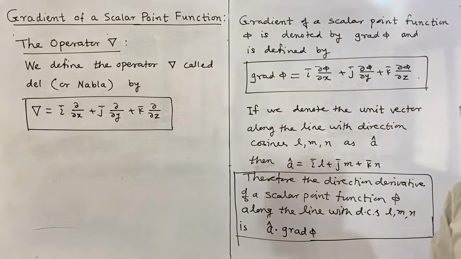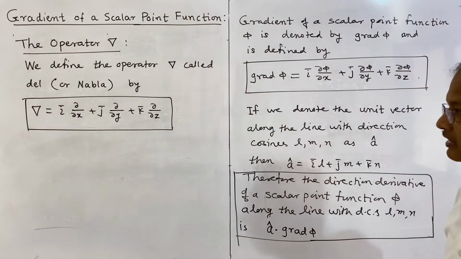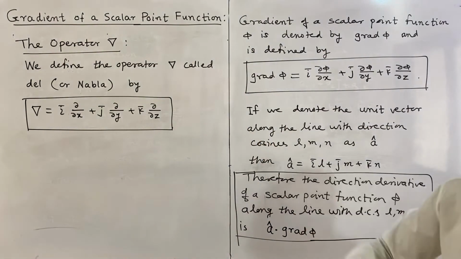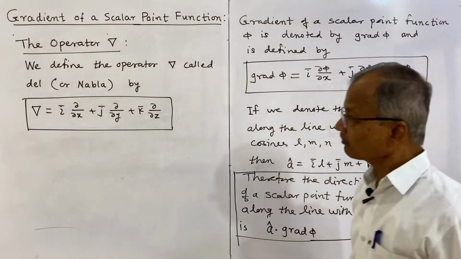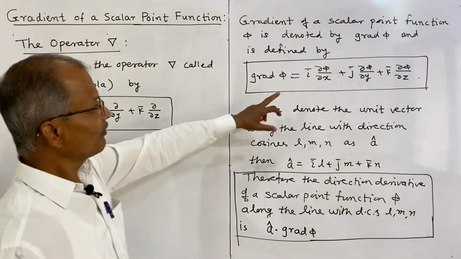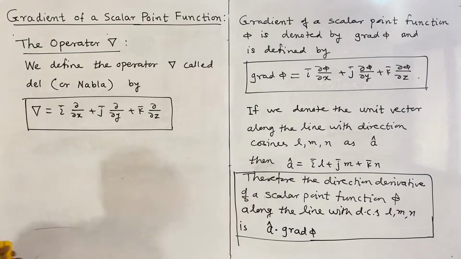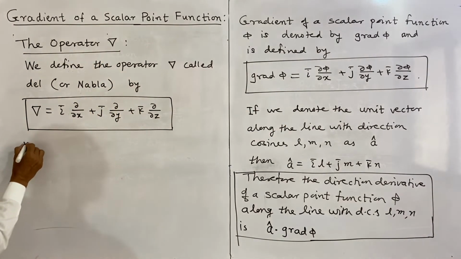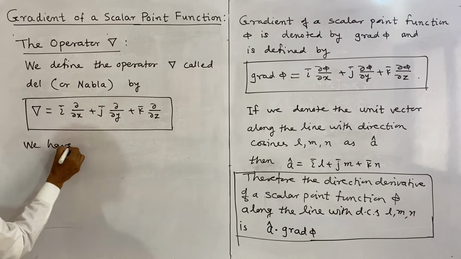Further, we will define divergence and curl of vector point functions in terms of this operator del, and therefore, what will be the gradient? So, with this operator del, we will have the gradient. So, therefore, we have gradient of phi.